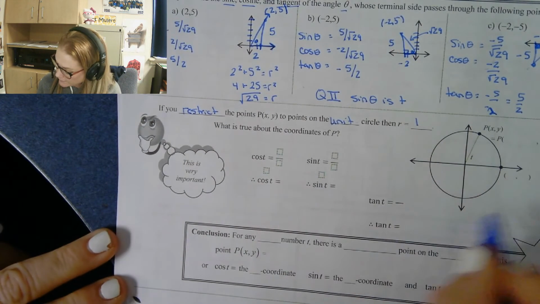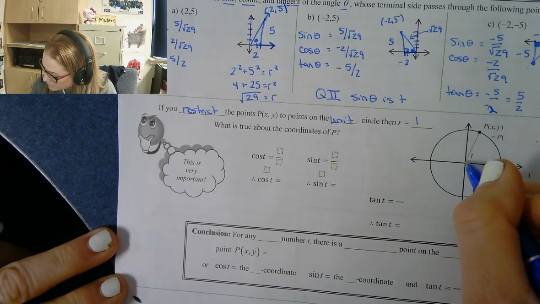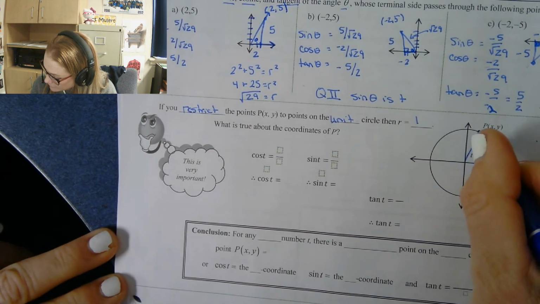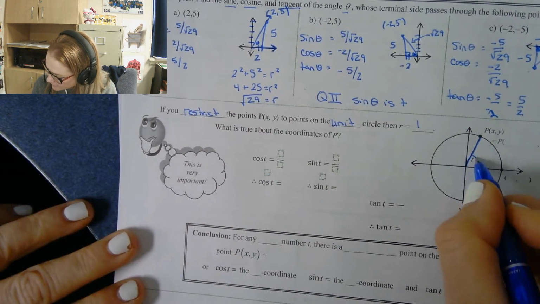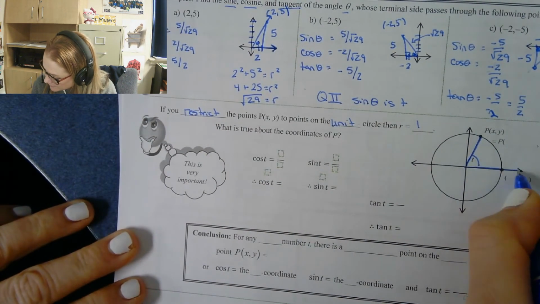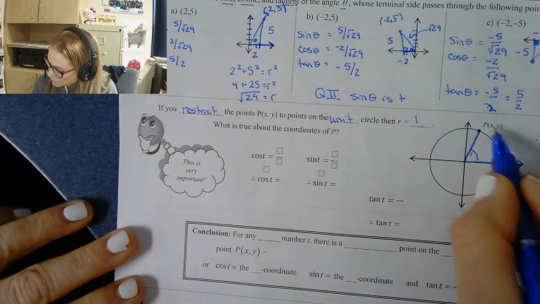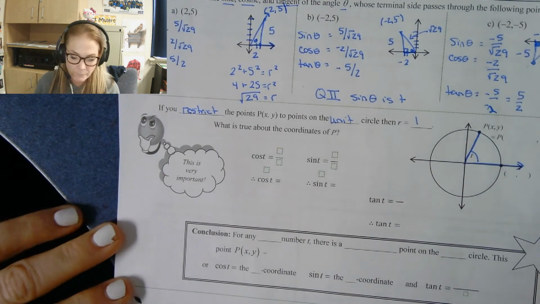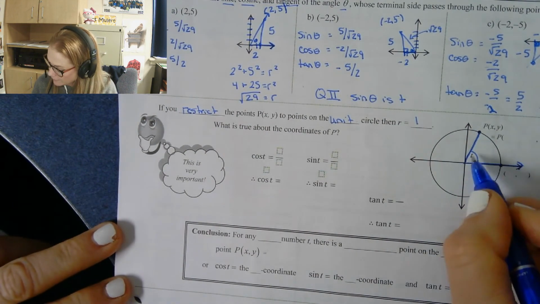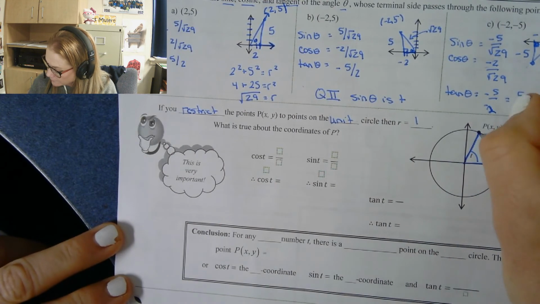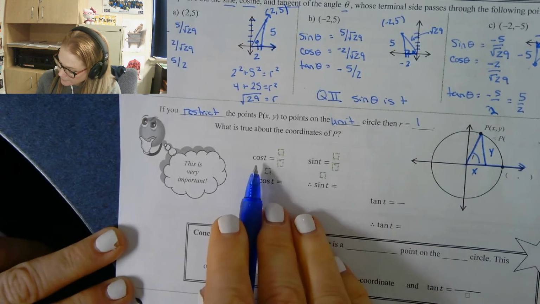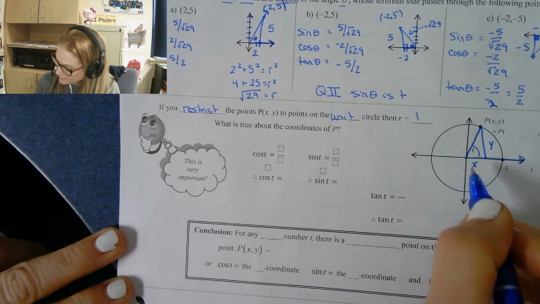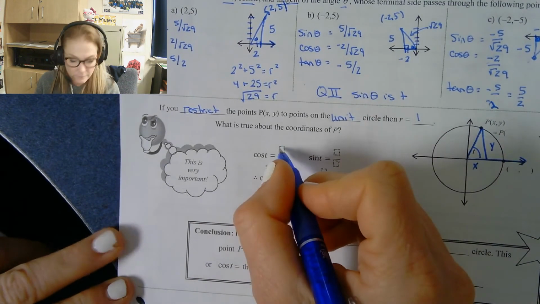Here's T, this is angle T. On the other page it was theta, now it's angle T. Standard position is from the x-axis. There's (x, y), and if I drop a perpendicular, this is x, this is y. So the cosine of T is x over 1.